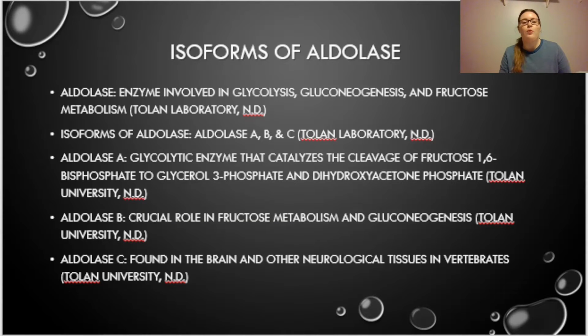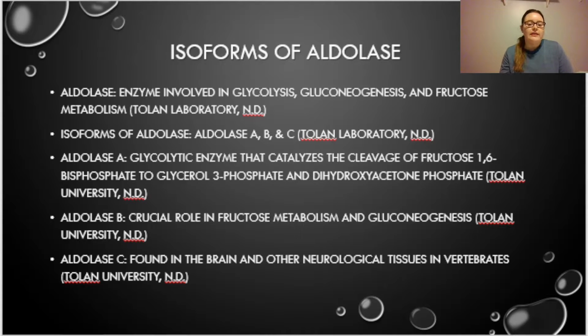Aldolase is an example of the multiple enzymes that we need, and it is particularly involved in glycolysis, gluconeogenesis, and fructose metabolism. There are different isoforms of aldolase: aldolase A, aldolase B, and aldolase C. Aldolase A is the one specifically in glycolysis.